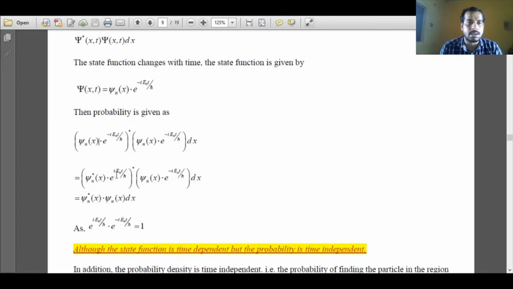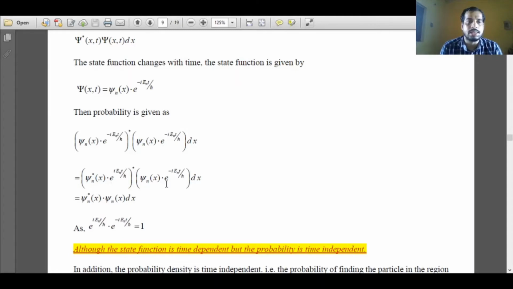Here this star should not be there. After taking the complex conjugate, this minus i has been converted to plus i. This star mark must be omitted. So now there are two different exponentials. One is e to the power i E t over h bar and the other is e to the power minus i E t over h bar. When they are multiplied, they give 1.